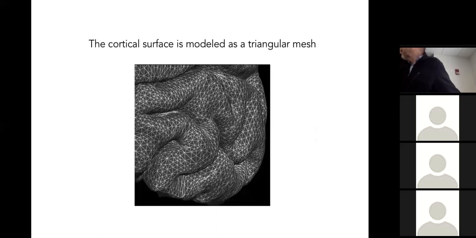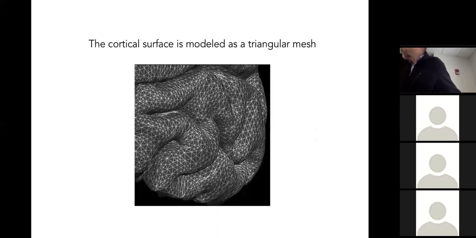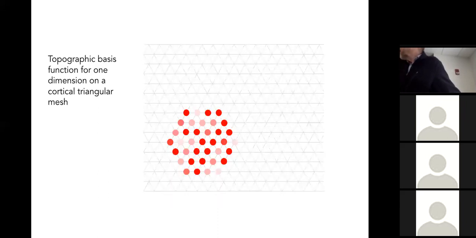So we can look at this pattern of weights on the surface. Cortical surface is modeled as a triangular mesh. So in an idealized, regularized triangular mesh, we can look at what a pattern for one dimension would be in this cortical triangular mesh.